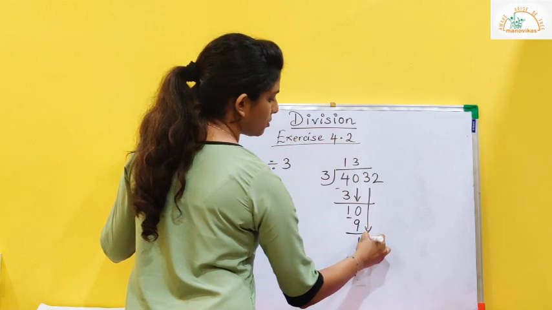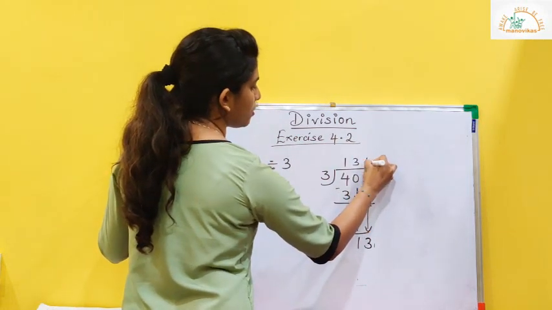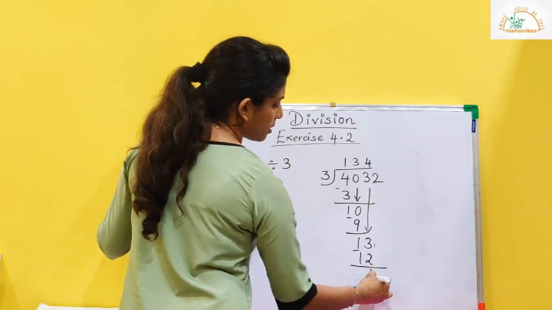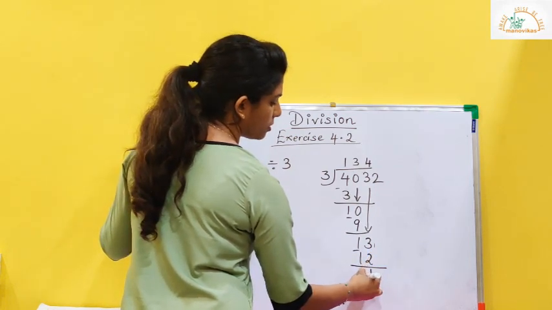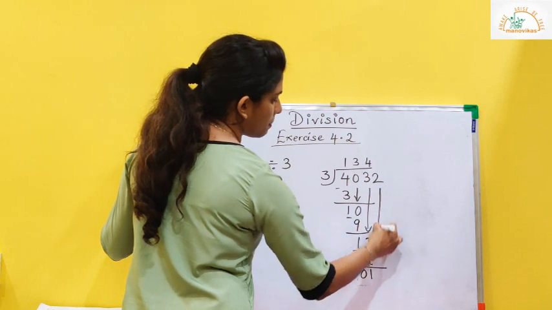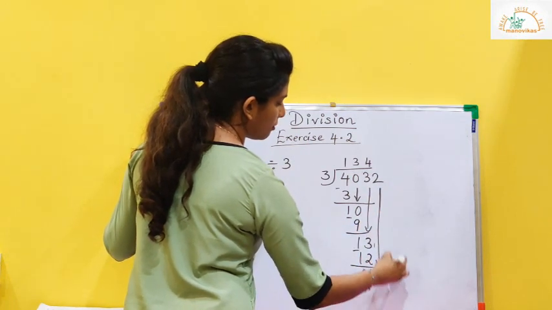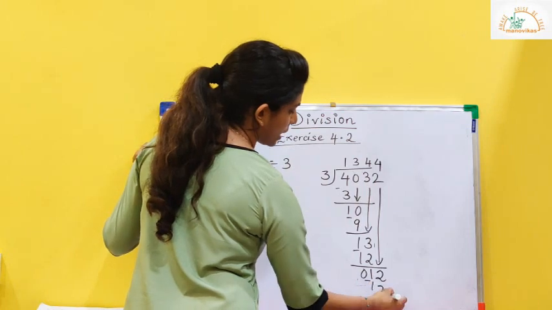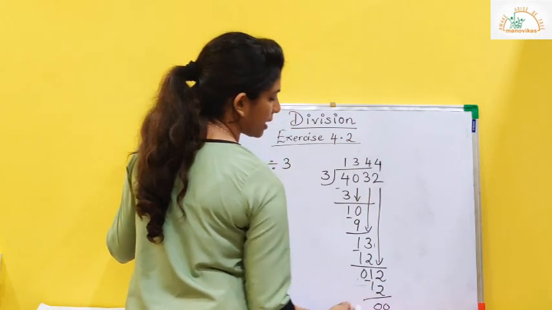Bring down 3. 3 fours are 12. 13 minus 12, 1. Bring down 2. 3 fours are 12 and then we get 0.